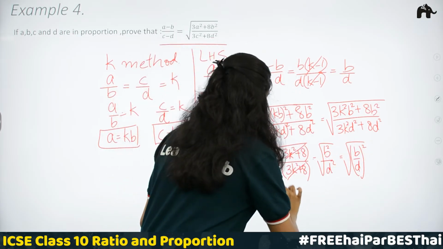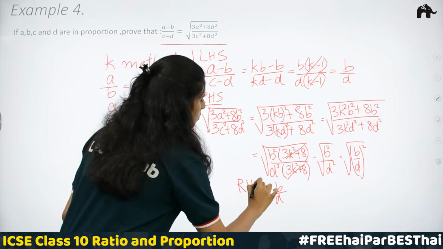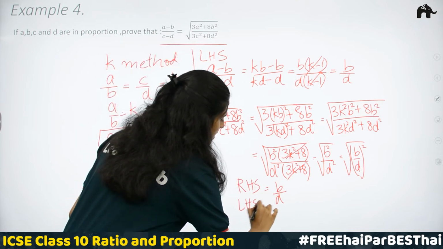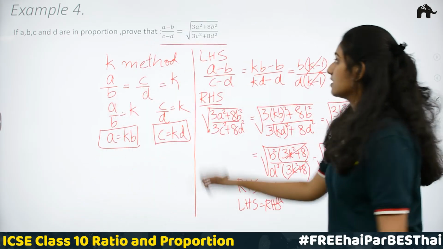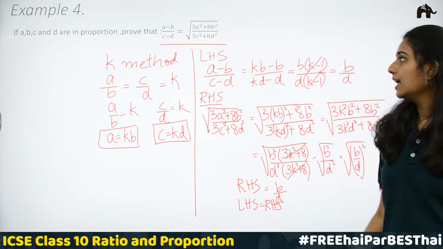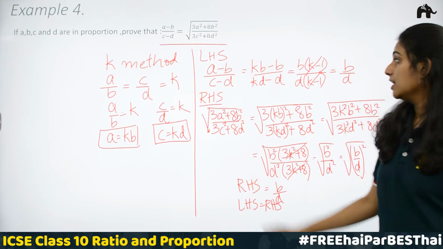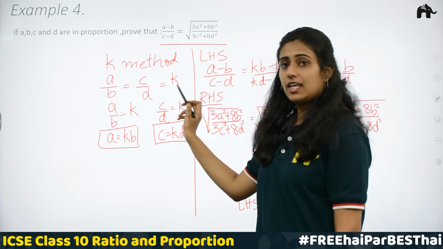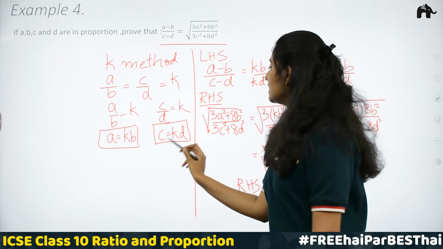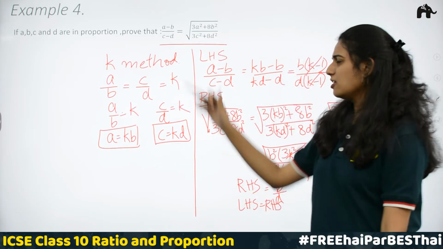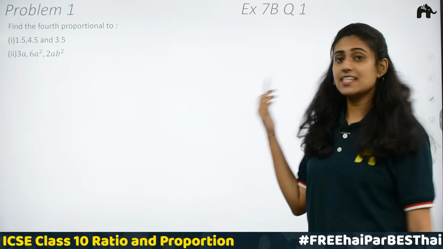We will be getting B by D. That is, RHS is also equal to B by D. LHS is equal to RHS. Hence, proved. Got it? This is how we do using the K method. Substituting for A by B K and C by D K, from which A is taken as KB, C is taken as KD. K represents a constant.